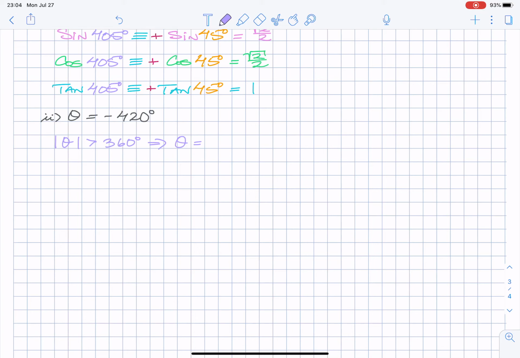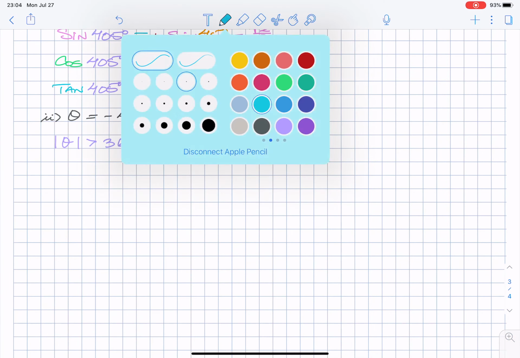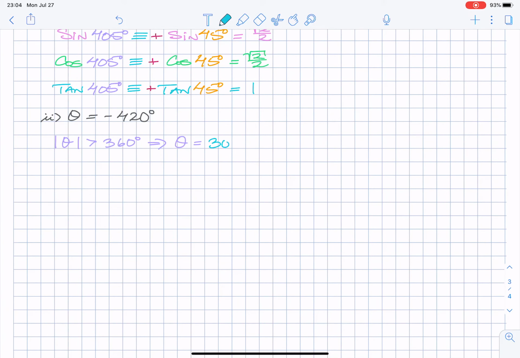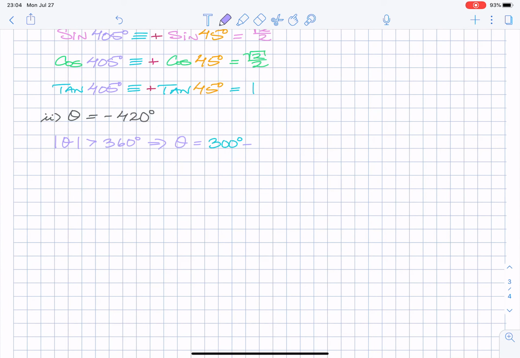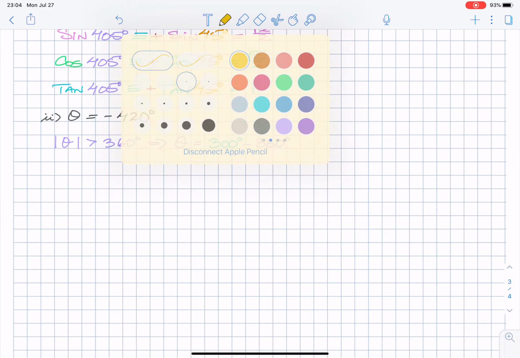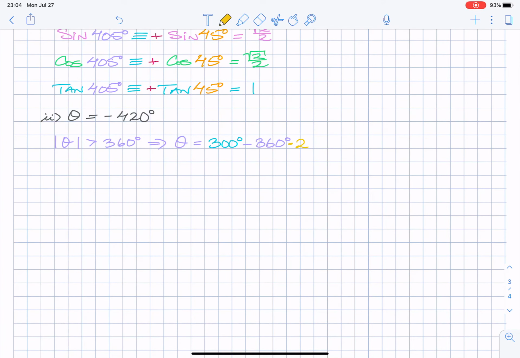That's not enough. That'll still be negative. I have to add another 360. So 720 minus 420, so it's 300. Okay. So this will be 300 plus 360 times 2, right? It was 720. So my reference angle, phi, is 300 degrees.